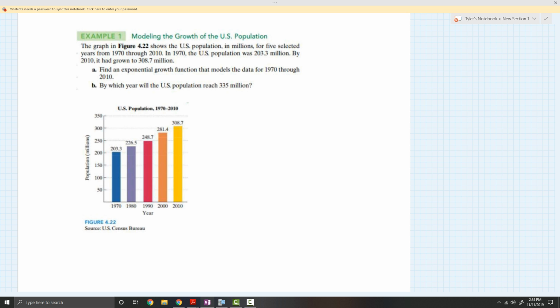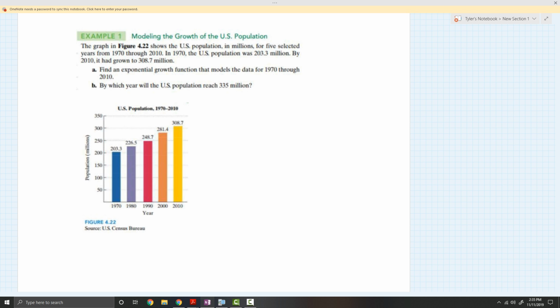So the title of this example is Modeling the Growth of the U.S. Population. The graph in figure 4.22 shows the U.S. population in millions for 5 selected years from 1970 through 2010. In 1970, the U.S. population was 203.3 million. By 2010, it had grown to 308.7 million.